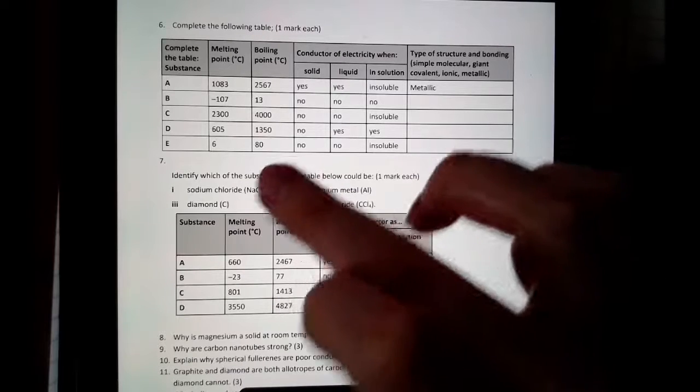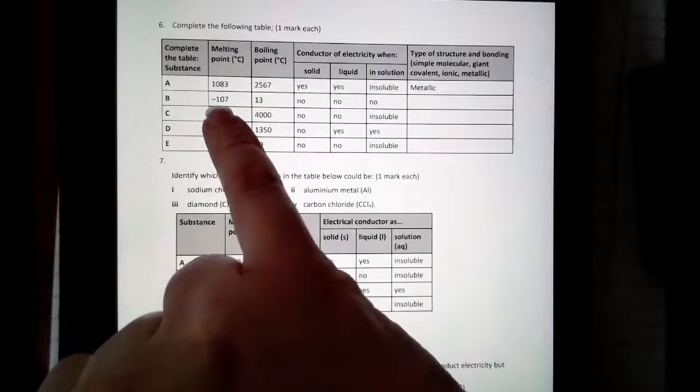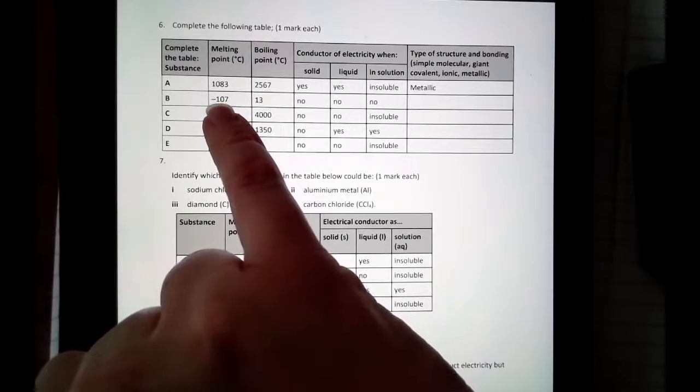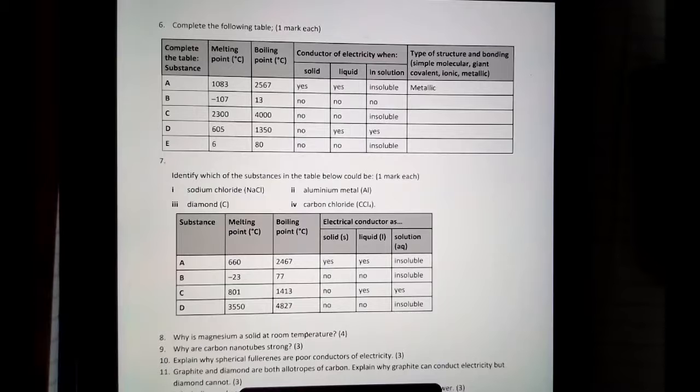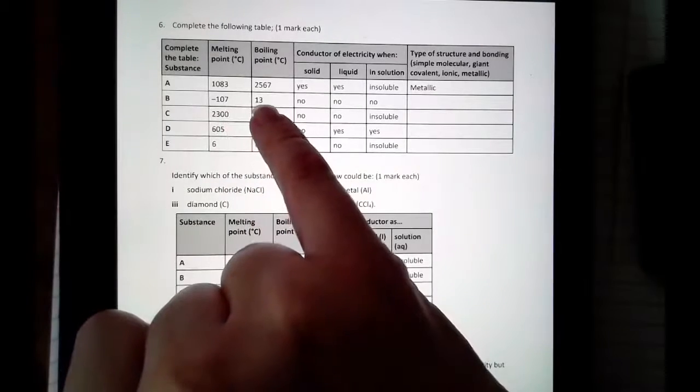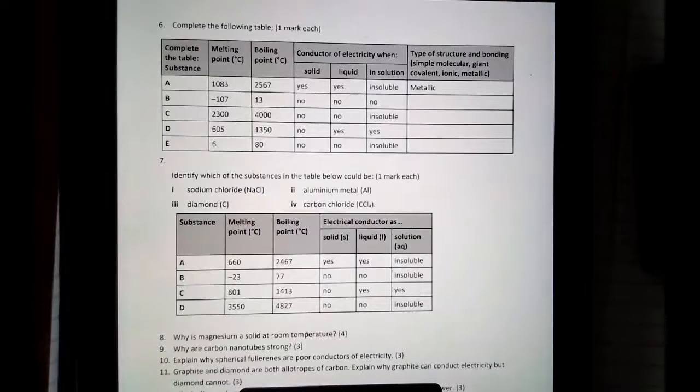Okay, so the first one, if I look at it, it has a very low melting point, minus 107 degrees Celsius. Actually, it's got a boiling point of 13, so it's going to be a gas at room temperature. And if it's a gas at room temperature, that tells you that particles are really far apart.